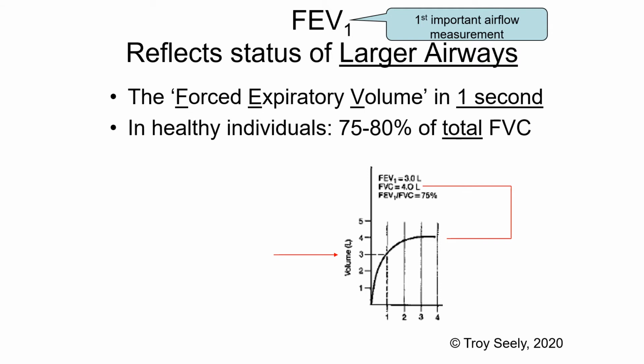So in healthy individuals, we expect that within 1 second, someone can forcefully expire about 75 to 80% of their total FVC. Now, let's remember that FVC is short for forced vital capacity. That's your inspiratory reserve volume, tidal volume, and expiratory reserve volume.